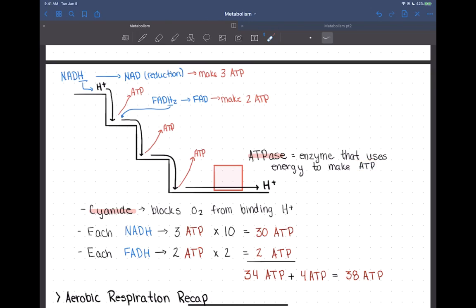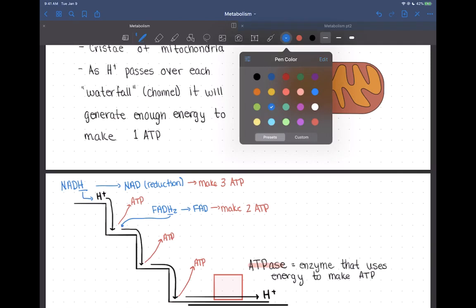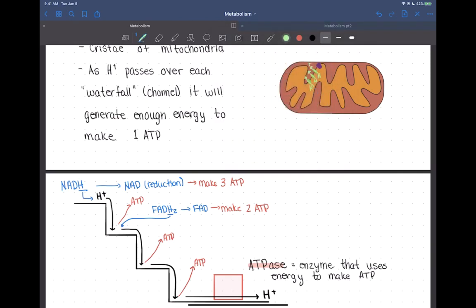Okay, and if we look back up at our picture up here, it actually is this big channel that opens up, and it allows all of those hydrogens that are now out here to come rushing back in. And that energy allows it to make ATP. The purple one was our ATPase.